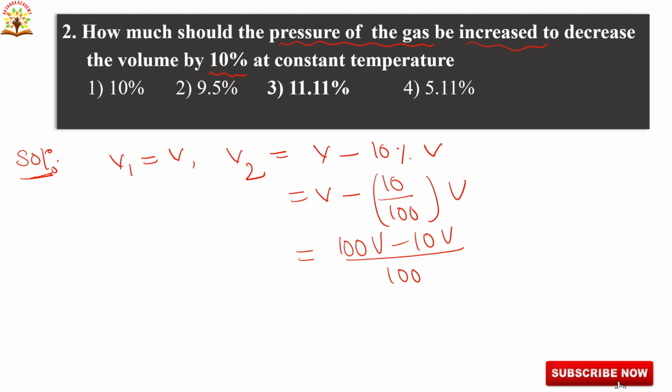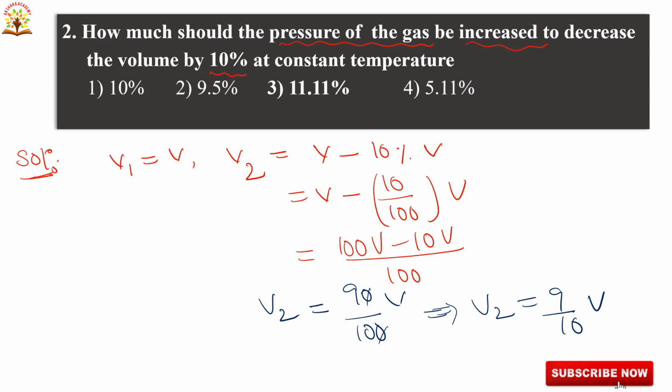So V2 is equal to 90 by 100 into V. So the zeros get cancelled. So that implies V2 is equal to 9 by 10 into V.